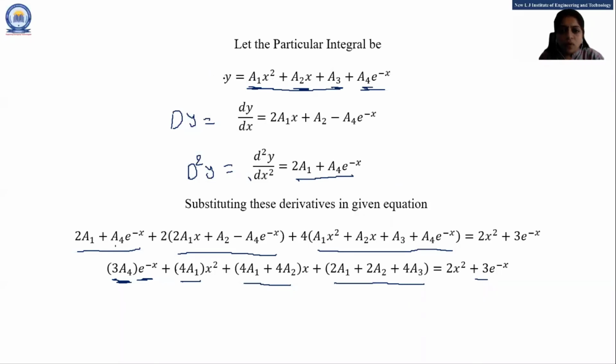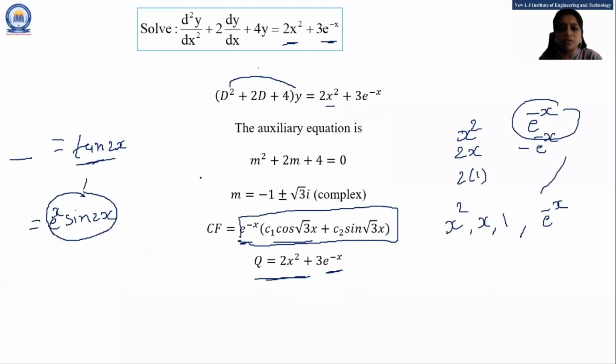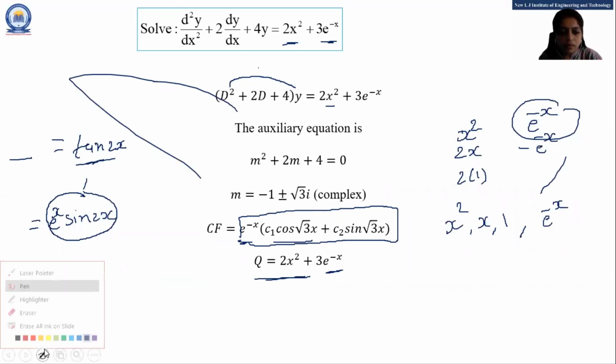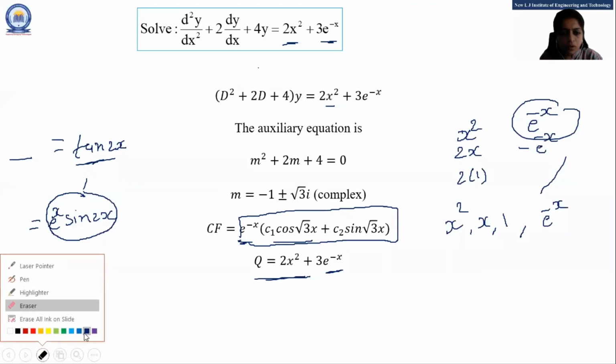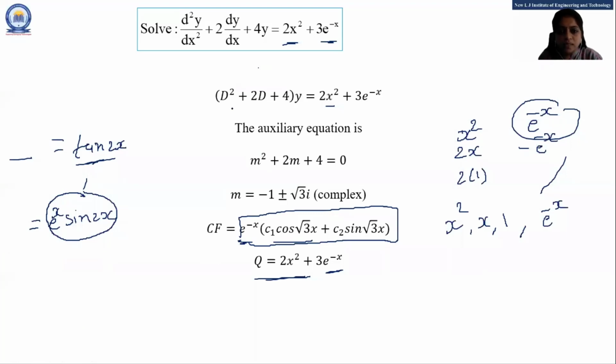See, this is the value of y, dy, and d square y, right? So we'll substitute this value of y, dy, and d square y in the given differential equation. See, we have to substitute our values in this equation.